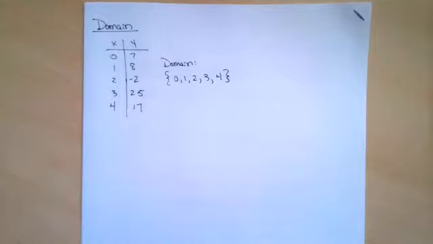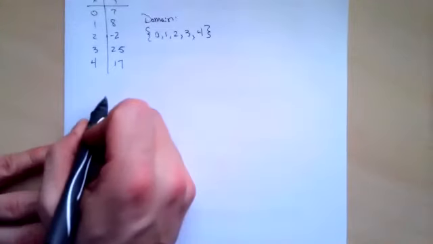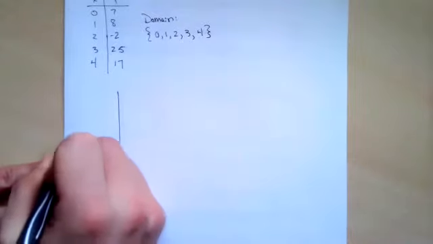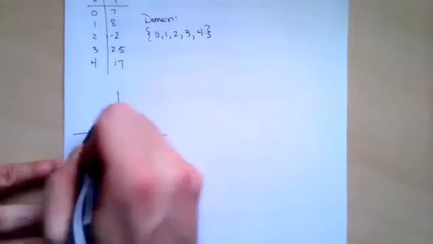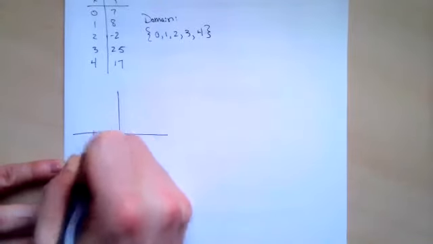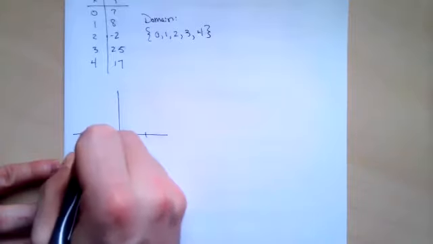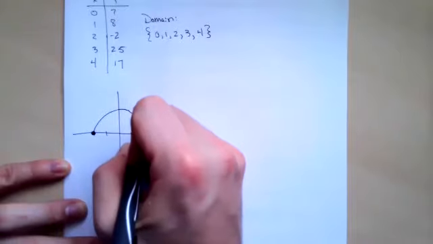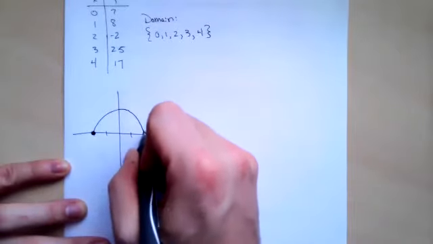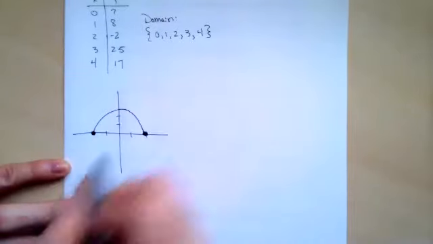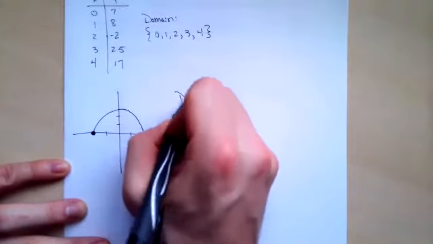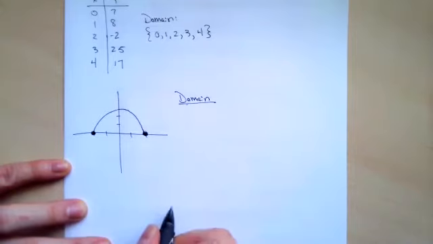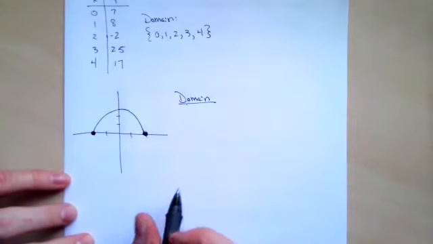Graphically, how do you determine a domain? Well, you can just essentially look at it. Say we have a graph and it looks like a semicircle. Here, what is our domain? It's the set of possible x values.